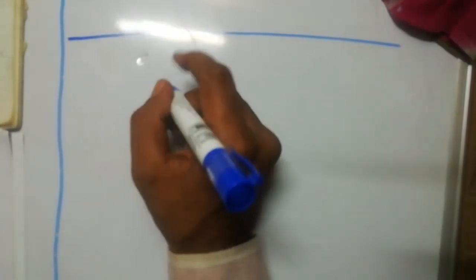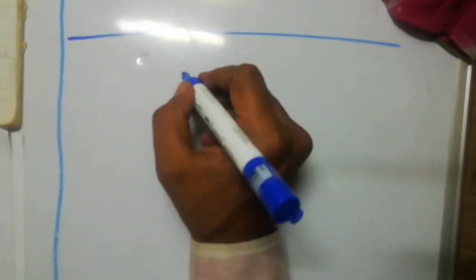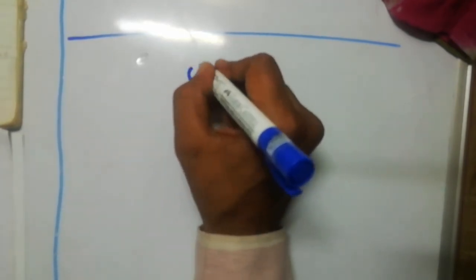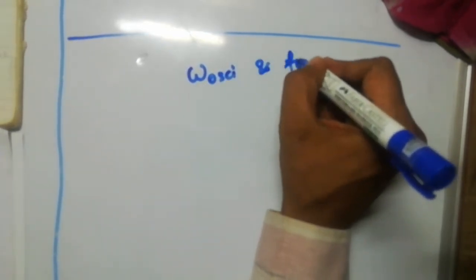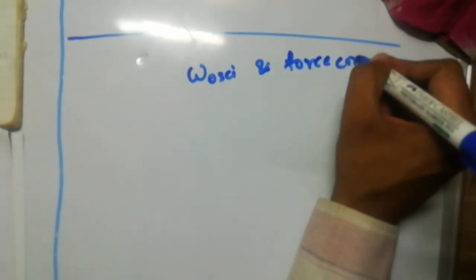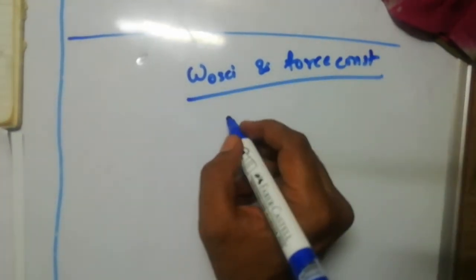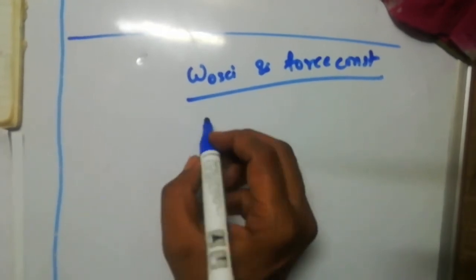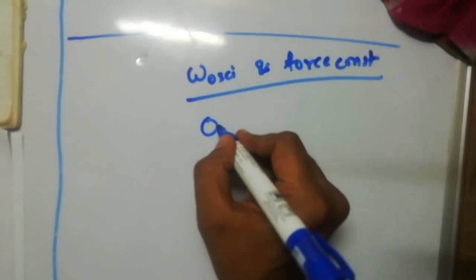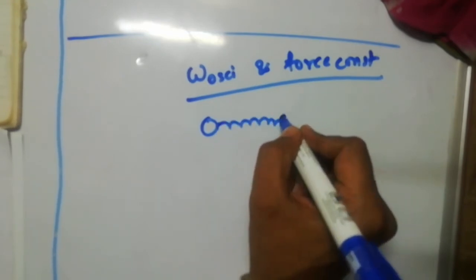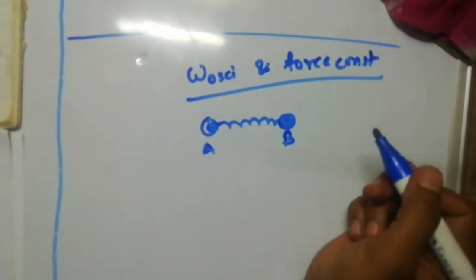So yet another important point that we are going to see is the relationship between omega oscillation and force constant. As I mentioned earlier, a diatomic molecule you can consider as if it is two atoms, say A and B, bonded together by a spring.